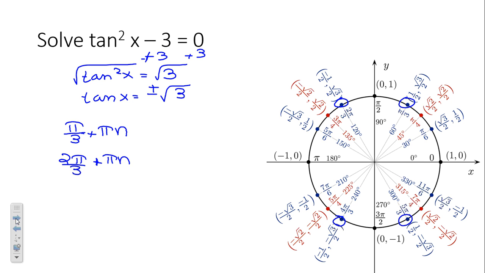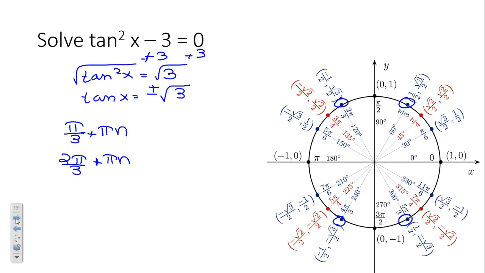plus a pi n. And you wouldn't be technically wrong if you also said 4 pi over 3 plus pi n and 5 pi over 3 plus pi n, but that's a whole lot of writing, 2 pi n, because we can simplify it since we're wanting all 4. Okay, because our original expression didn't say only tell me between a certain range of values.